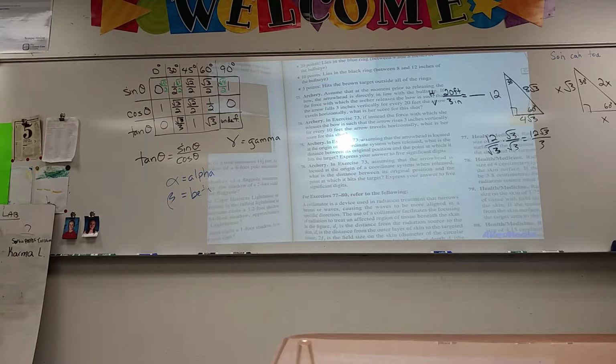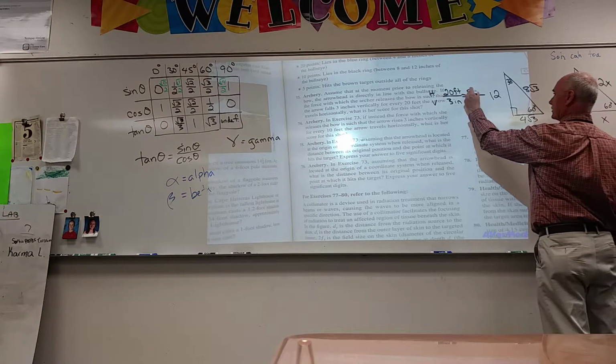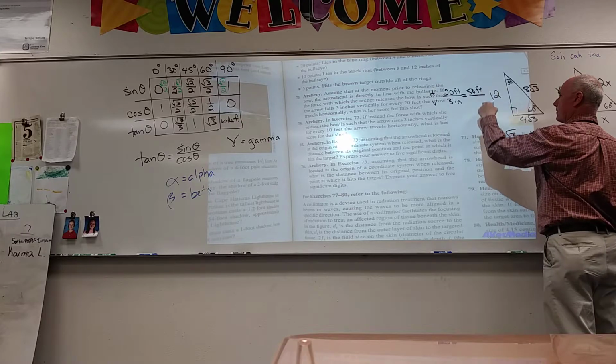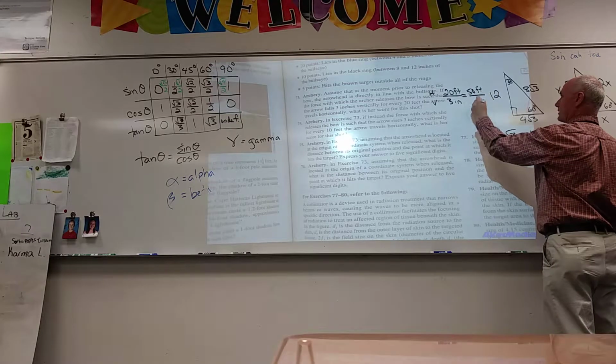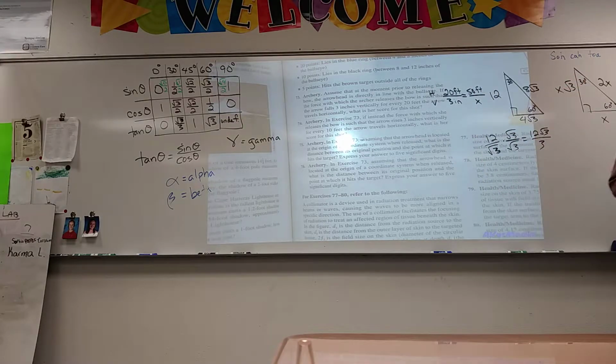The archer shoots it from 50 feet, so horizontally 50 feet away, and vertically x. And there's our proportion. Does that make sense?